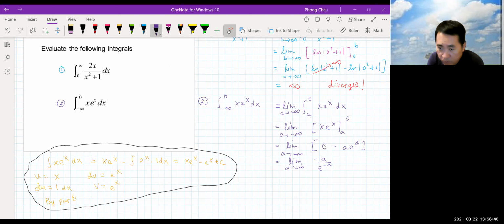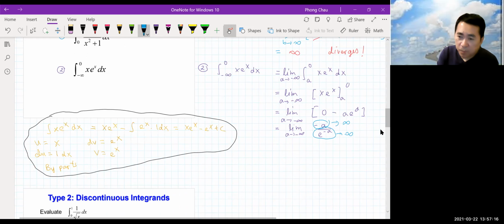Once you plug 0 in, that's gone, and plugging in the lower limit you have a e to the negative a. Now you ask yourself, as a goes to negative infinity, what does the numerator approach? Negative infinity, negative, so it approaches positive infinity. The denominator also approaches e to the infinity, so that's still infinity.